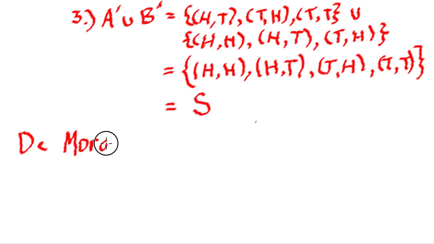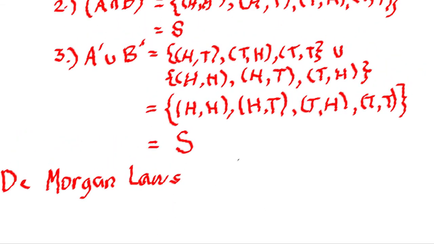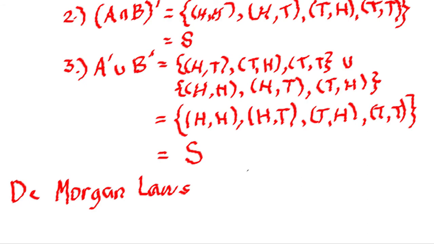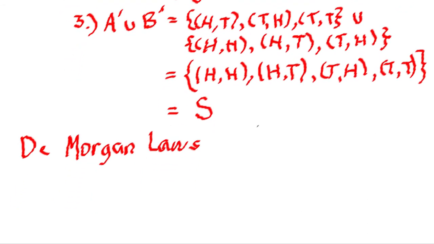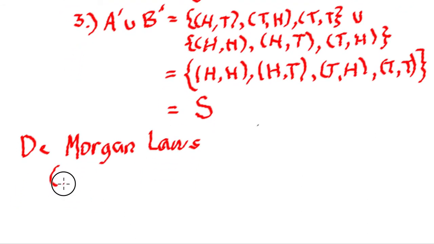De Morgan's laws. Actually, it's laws because there's two of them, which is very much important in the logical equivalences topic in logic. So writing number two over here, number two is A intersection B complement. So let's write it down.